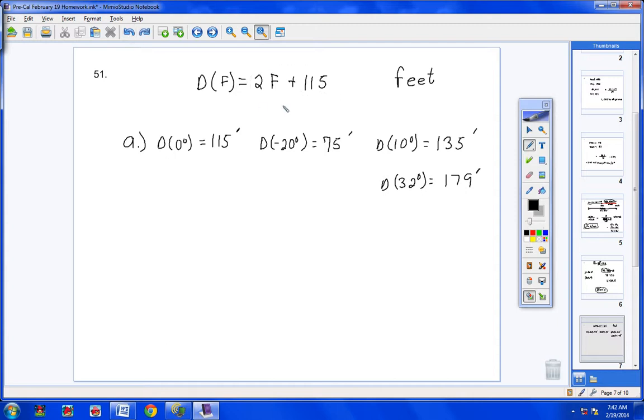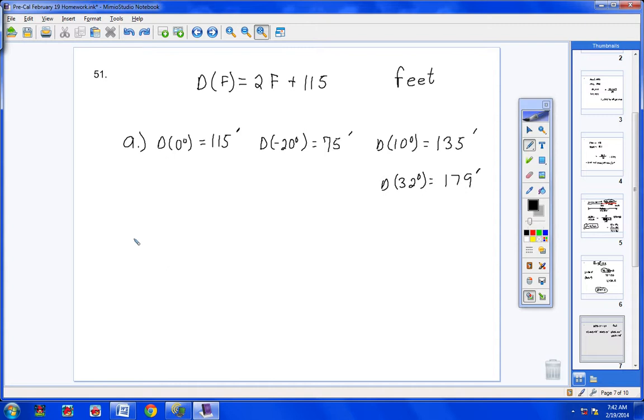You can't. So for this entire expression right here, whatever you put in for f, you can't get out a negative number. For example, let's put negative 60 degrees in. You would get out negative 5 feet. How can you slide negative 5 feet? You can't do it. So there's obviously some numbers you cannot put in for f.